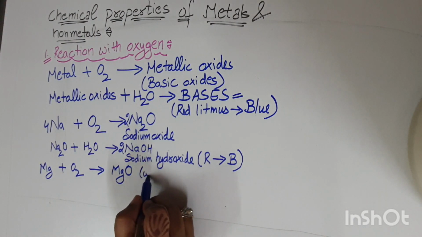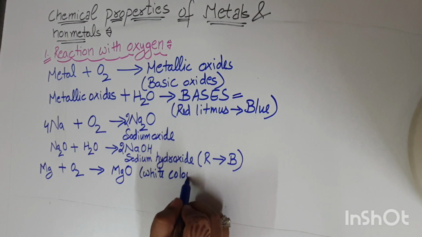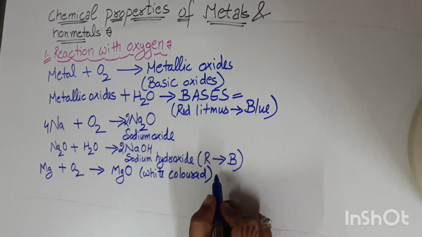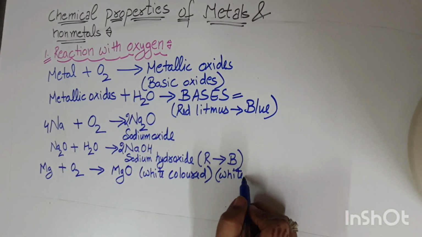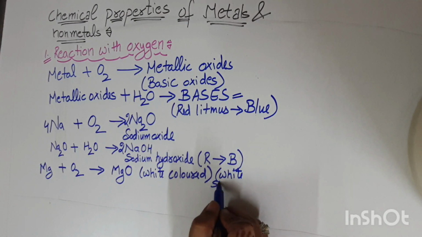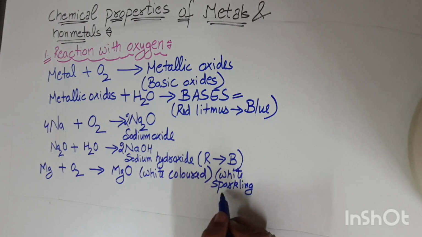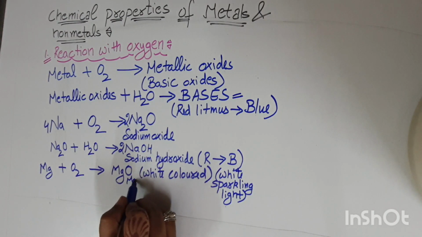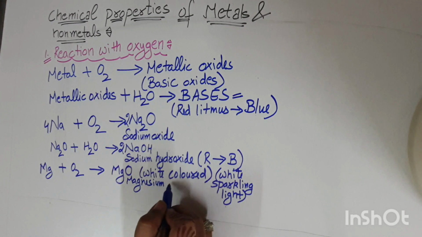This is the white color powder which is formed over here. What is formed? This is magnesium oxide.